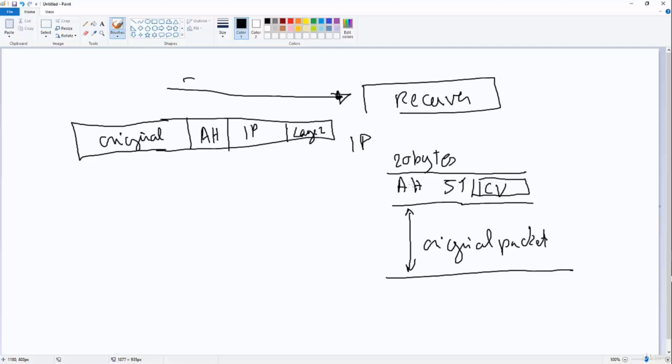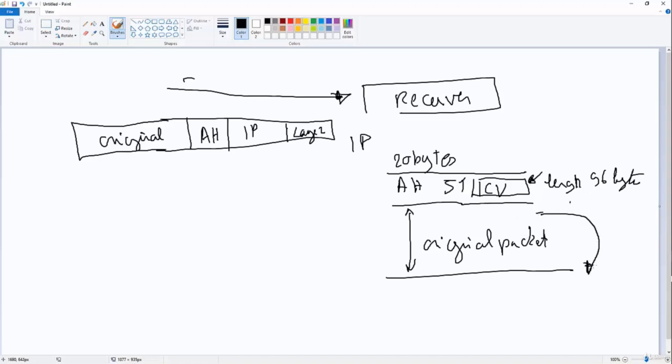So it knows that this is authentication header. It knows how to parse it, because it knows the length of this is 96 bytes. So this is 20 bytes, and then you have 96 bytes. It's going to look at the 96 bytes and extract the ICV.